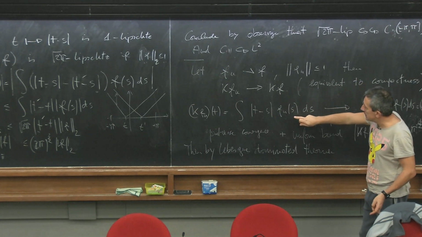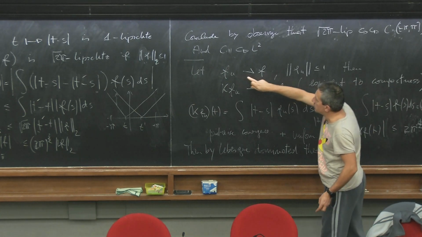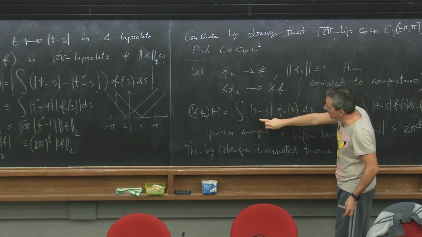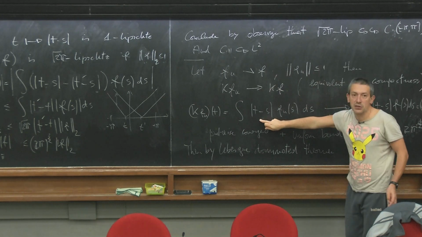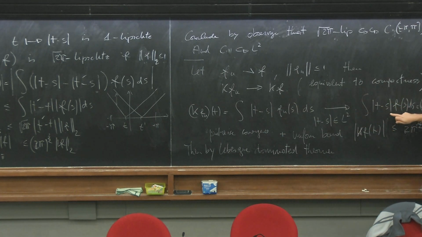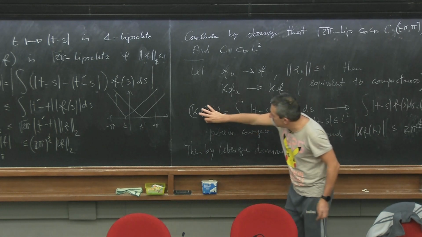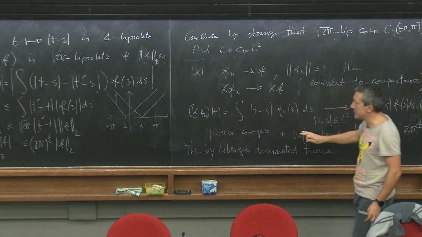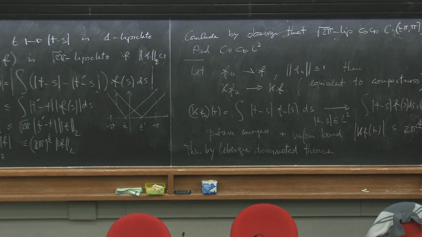Since it converges weakly, this means that when tested with any linear functional, in particular the linear functional defined by this function, it converges to the value of the linear functional in the limit. And the value is the integral of this, which by definition is again the operator evaluated in T. So the result is that this function converges pointwise to the limit function.